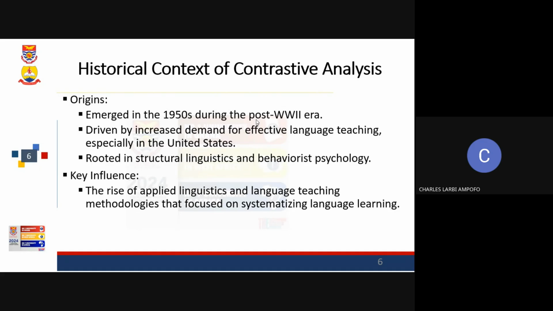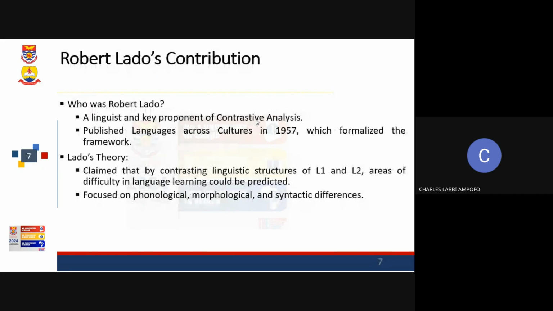Because at that time, structural linguistics was the approach that was reigning, teaching English by looking at the structure of English, which was also applied in other language contexts. Structural linguistics was focused on how to teach language by looking at the system of the language. As I said, we'll go back to the whole structural linguistics aspect later.